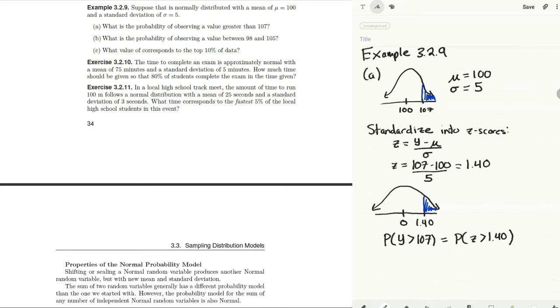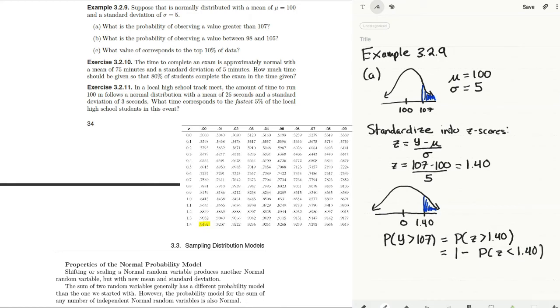And because the z-table gives us areas to the left of the z-score, we will want to use the complement rule in order to find the area to the right of the z-score. And so using the complement rule, this is equal to 1 minus the area to the left of 1.4.